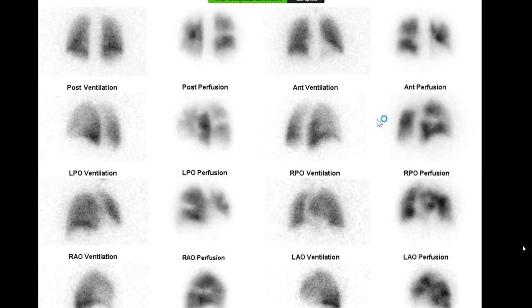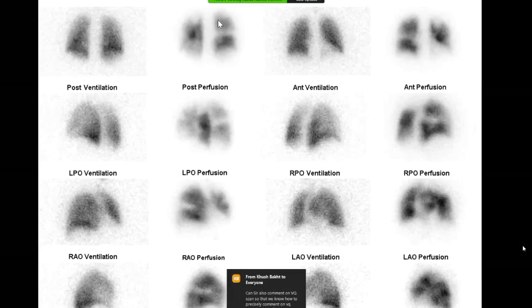Yeah, good. You're right, there are multiple areas of perfusion defect. Now remember that this is a posterior view, so this is the right lung, this is the left lung. This is the anterior view, so this is the right lung, and this is the left lung.